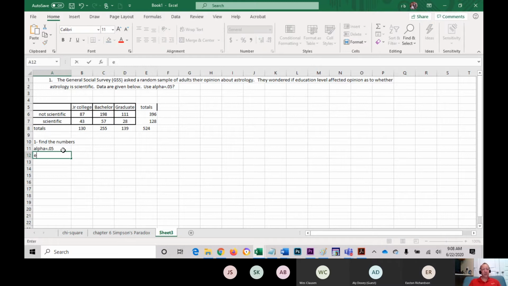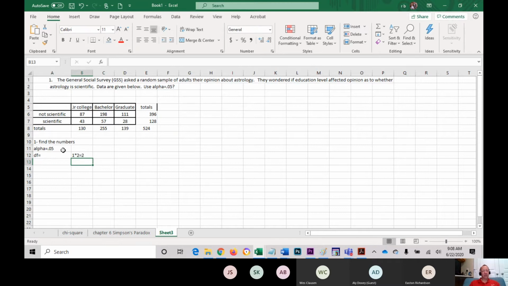Yeah, probably degrees of freedom. What's your degrees of freedom? Isn't it going to be 1 times 2, which equals 2?